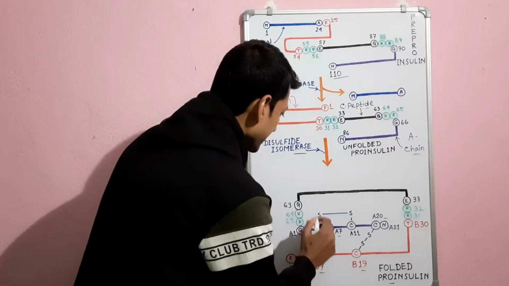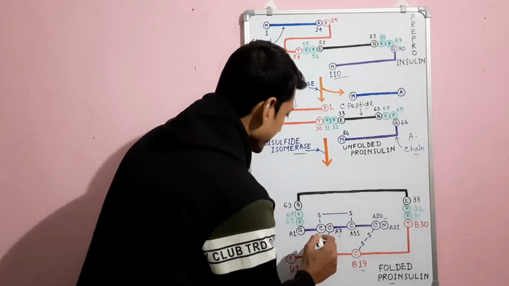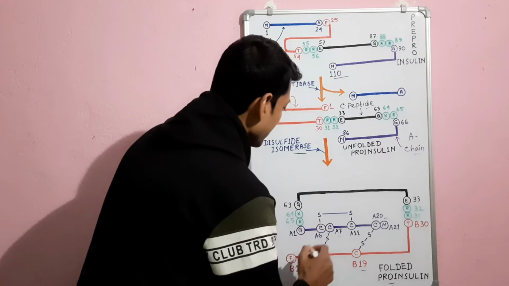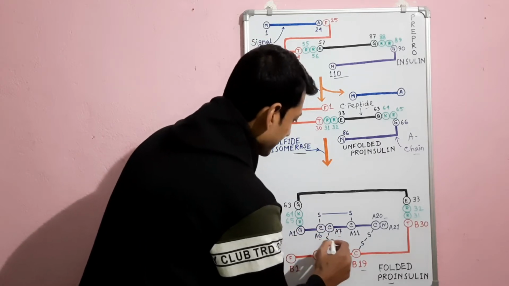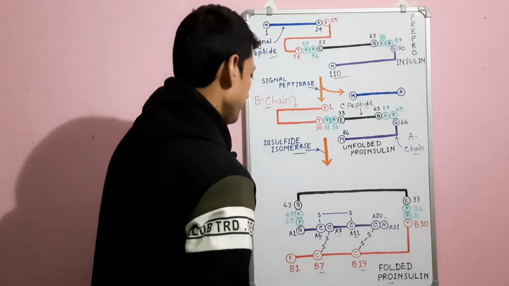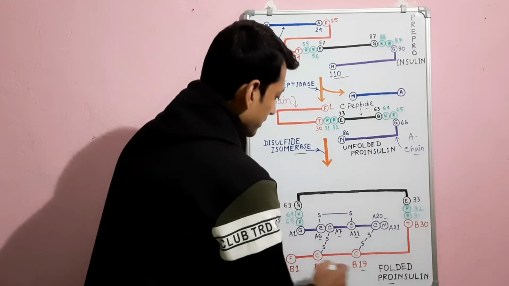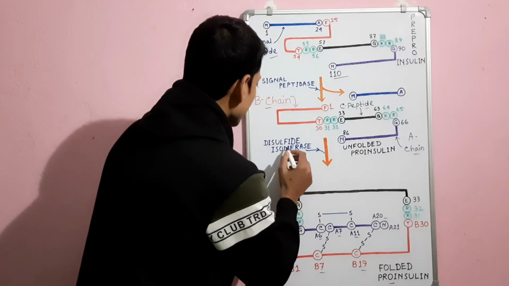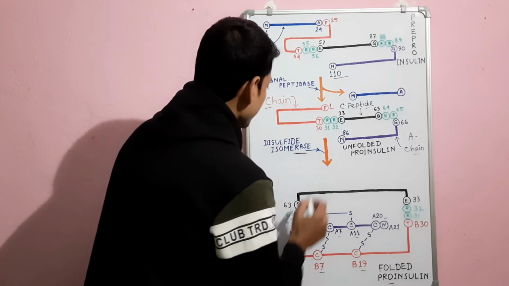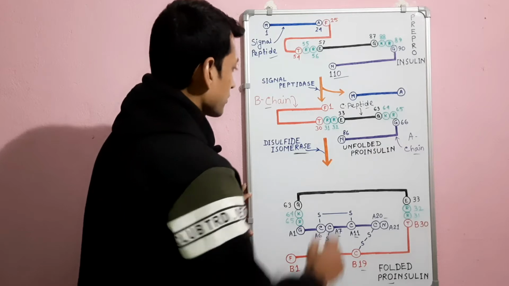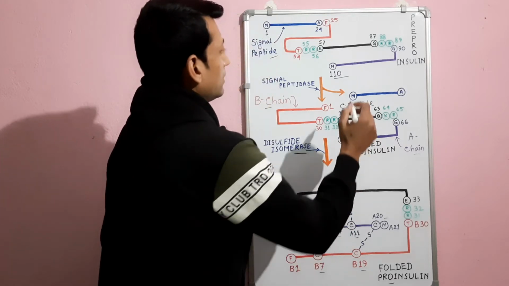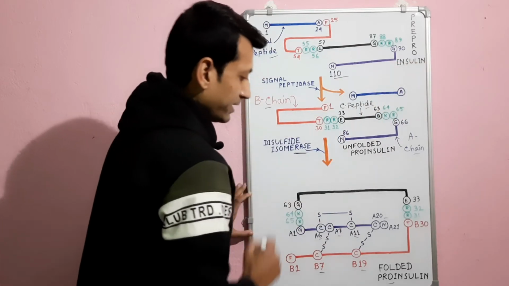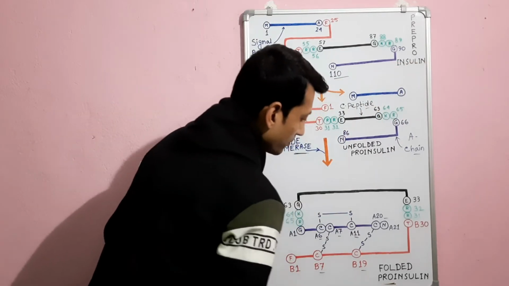Another intrachain disulfide bond is created between the cysteine residues in the A chain at the position of A6 and A11. These disulfide bonds are also created by the disulfide isomerase enzyme. So in this way, biologically inactive preproinsulin is converted into folded proinsulin.